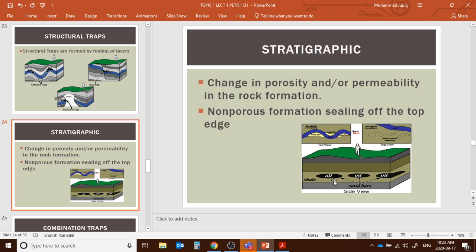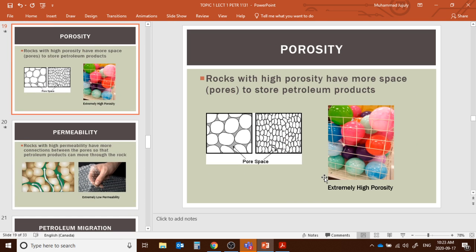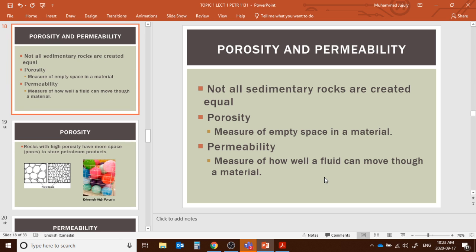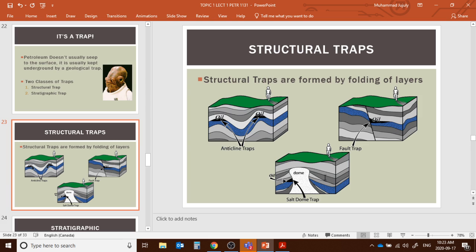Then what will happen? Igneous rock is not permeable at all. Remember when we learned about permeability, sedimentary rocks have more porosity and permeability, but igneous rock has less porosity and less permeability.